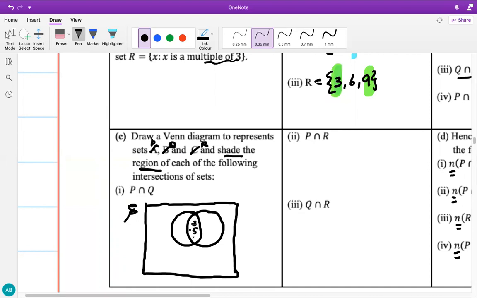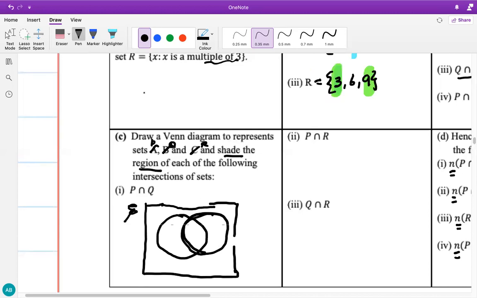I think I need to erase this, it's too small. So here will be 3, 5, and 7, and then there is 9 here.